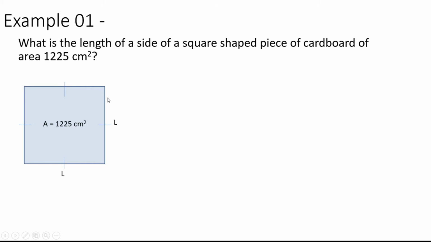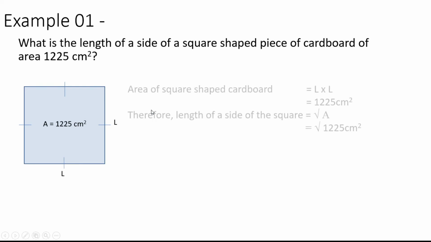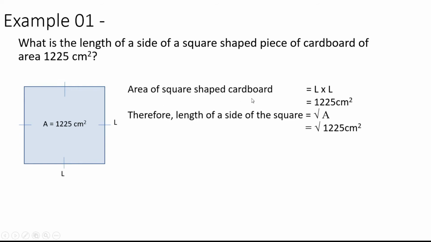The length of the side of the square is L centimeters. You know, in a square, all four sides are equal in length. So the area of a square-shaped cardboard is length into length. That is 1225 cm squared.